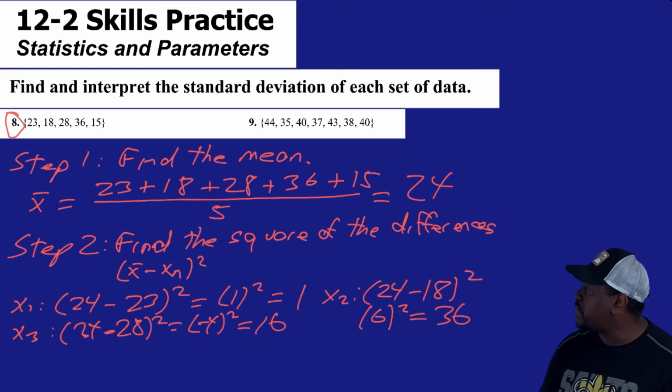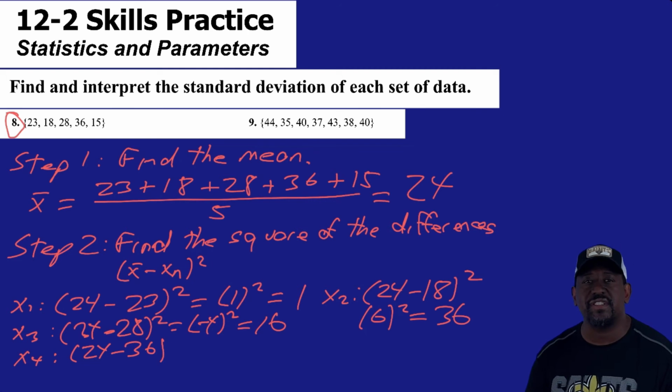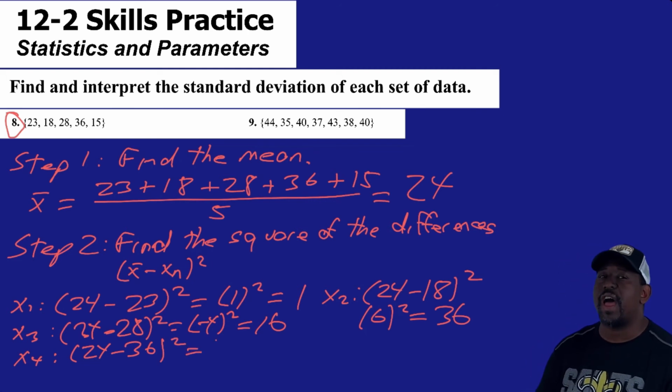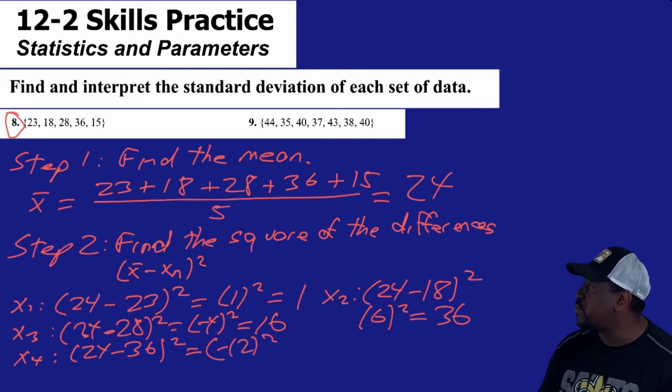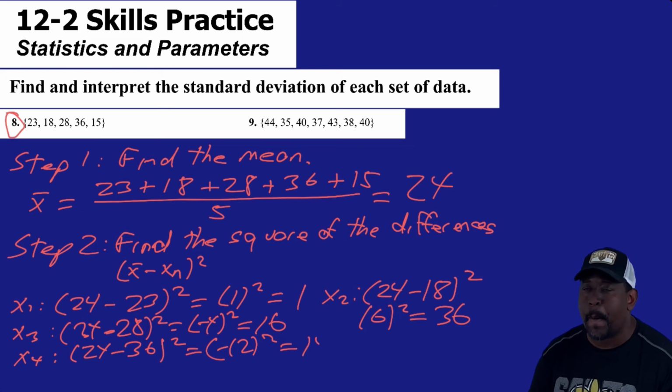For the fourth term, 36, we have 24 minus 36 squared. 24 minus 36 is negative 12, and negative 12 squared is 144.